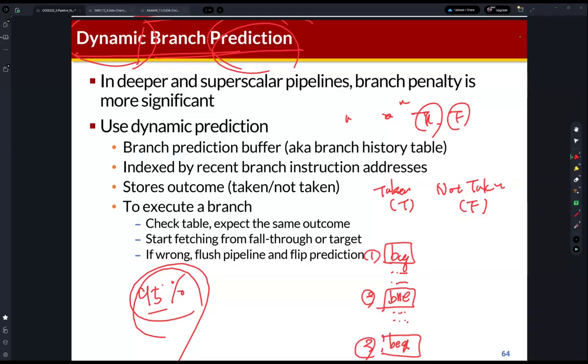So then we can apply the prediction technique for individual branch instructions, because the behavior patterns of multiple branch instructions are independent.